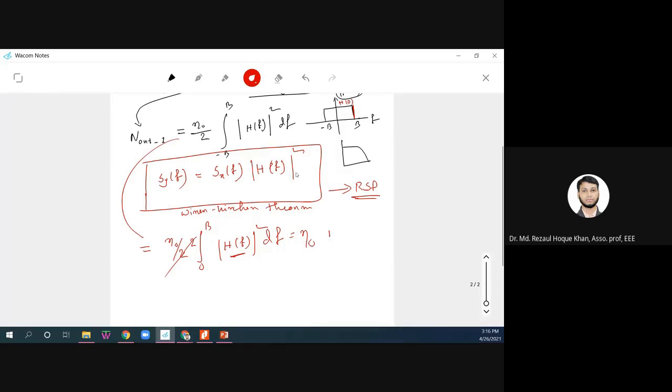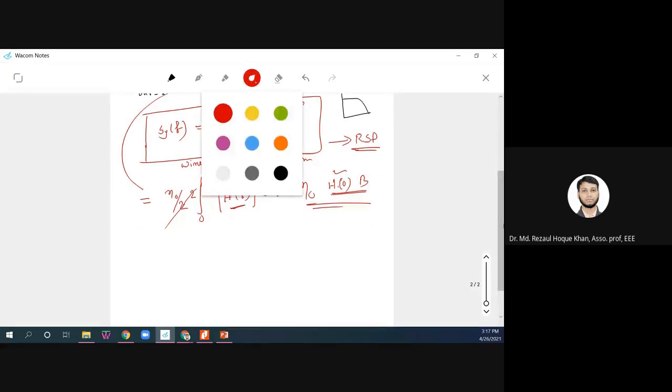So it's H0 squared times B, where B is its total bandwidth. What I'm actually doing here is taking the whole area. The width is B, the height is H0. That is our total. What is the total power in this region? Power spectral density. Any power within the signal region is called power spectral density. That's what we found for the ideal filter.